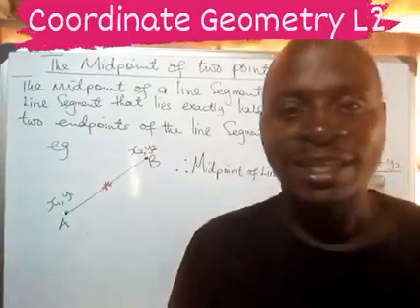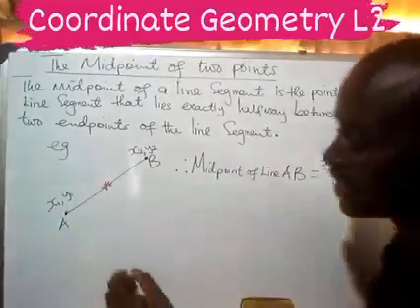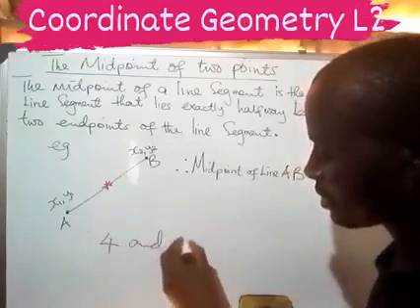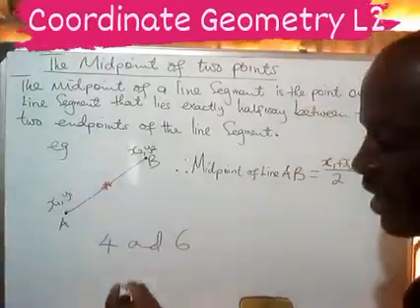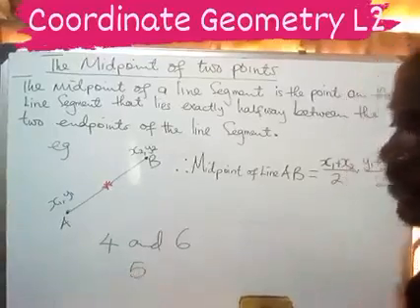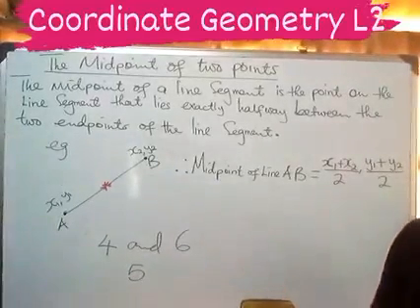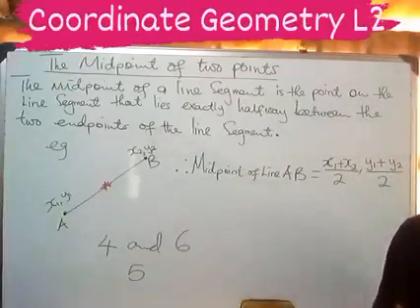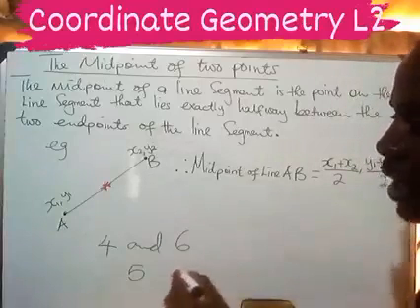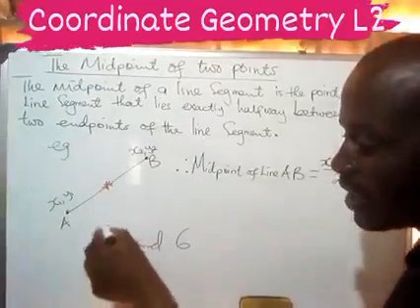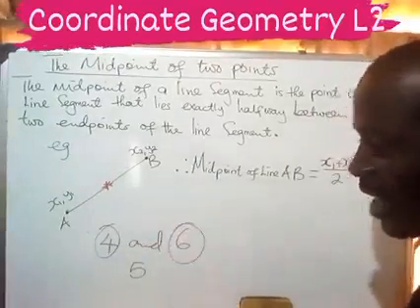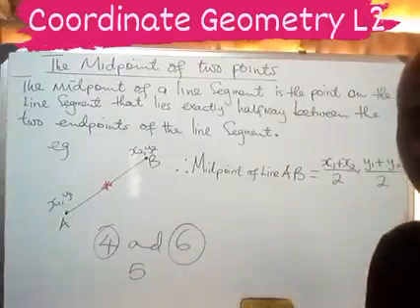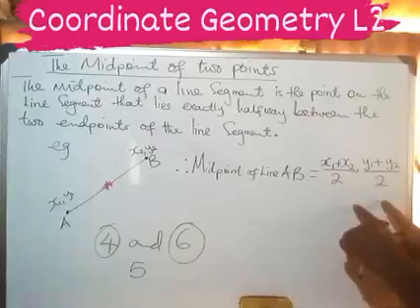So definitely the number is 5. Now the question is, how did you find 5? To find 5, you have to add this number and this number, then you divide it by 2. That is the meaning of what we have written here.